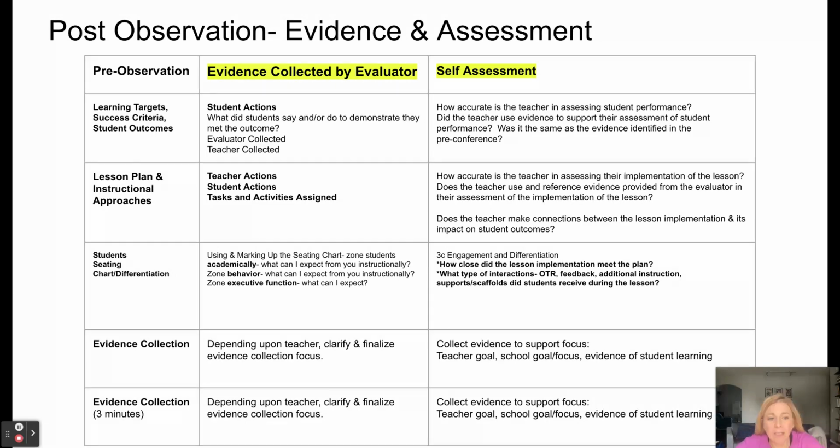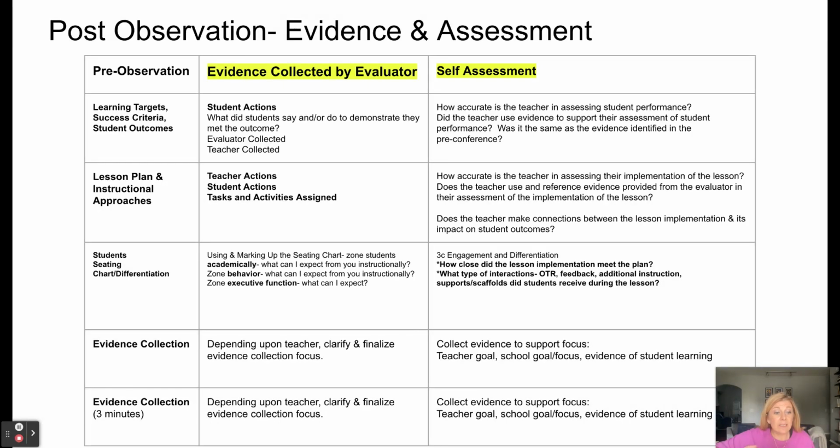So this is what we're going to get into more next week when we start talking about structuring framework. But I want you to look at how I've dropped the teacher generated evidence, and I still have this same frame of pre-observation. And now we have this evidence that's been collected by the evaluator, and we want to give that to the teacher before they complete their self-assessment.